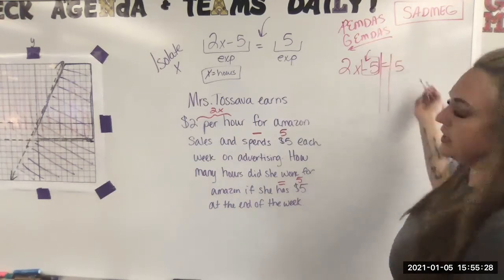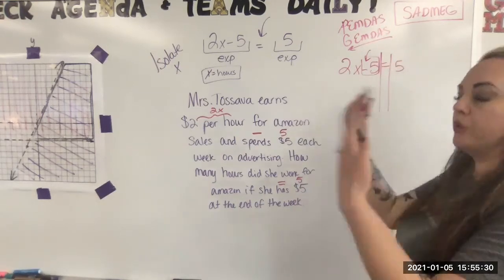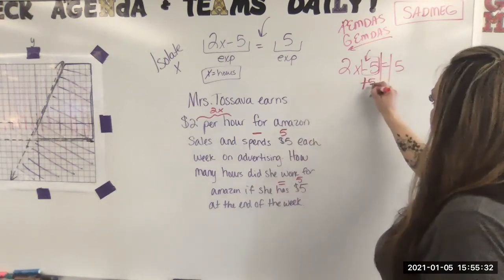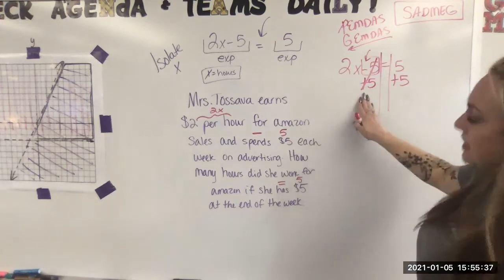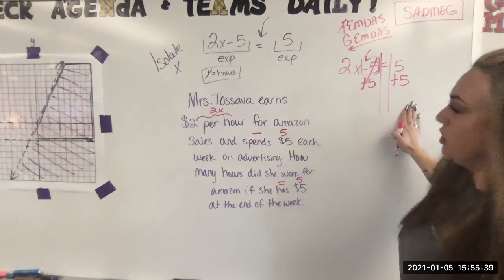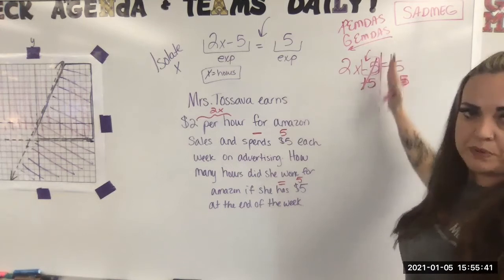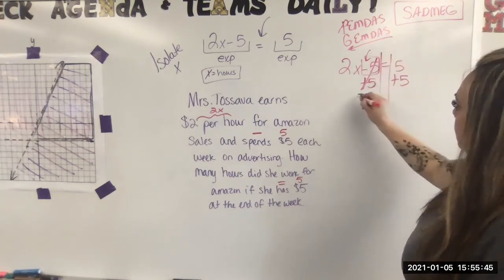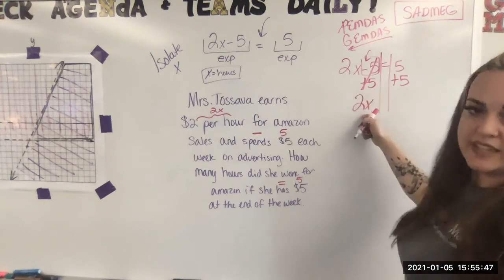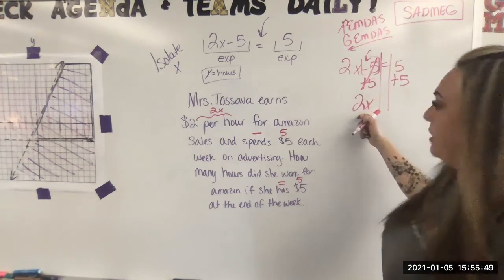So to undo a -5, we put a positive, right? So we are going to add 5. Whatever we do to this side, we have to do to this side, or we're not keeping it balanced. We're not keeping it equal. This is now eliminated. Our goal is to get x isolated, and we're one step closer now.